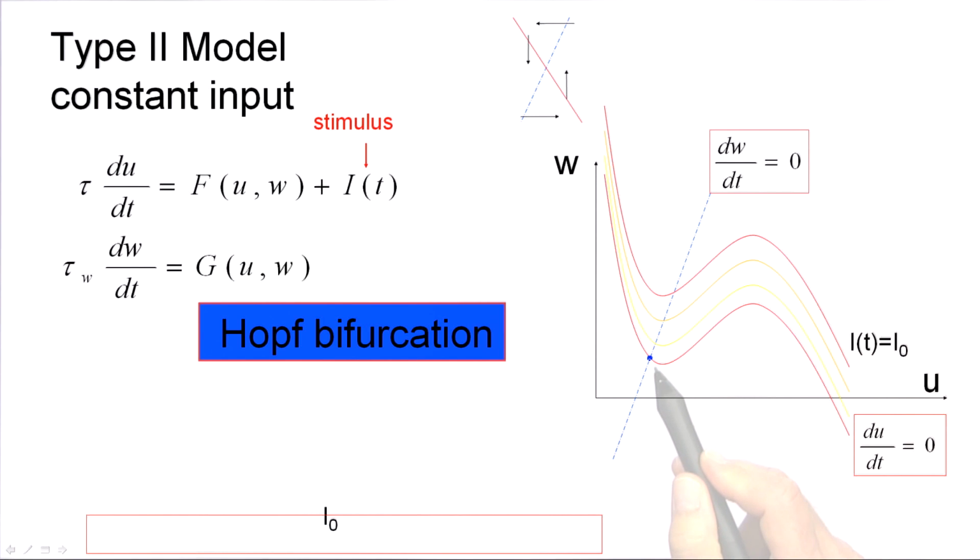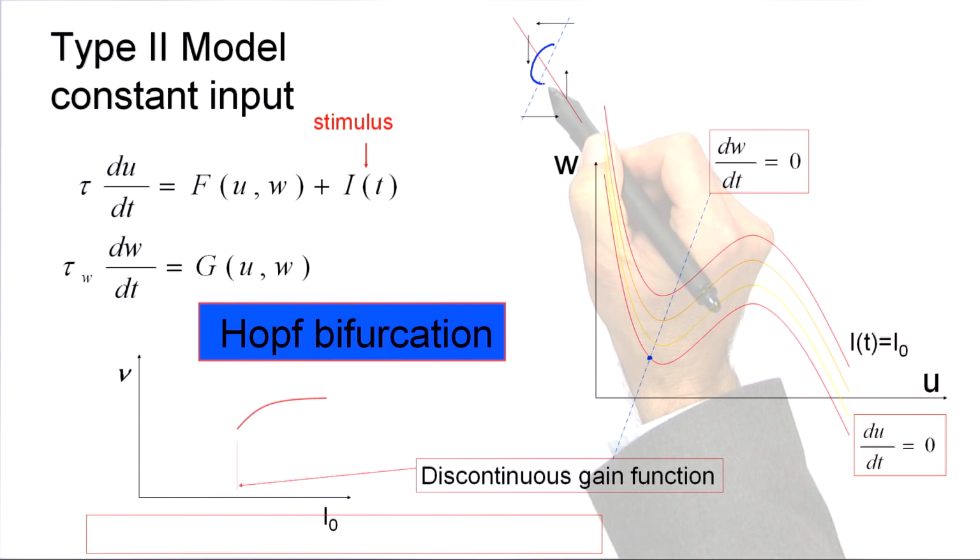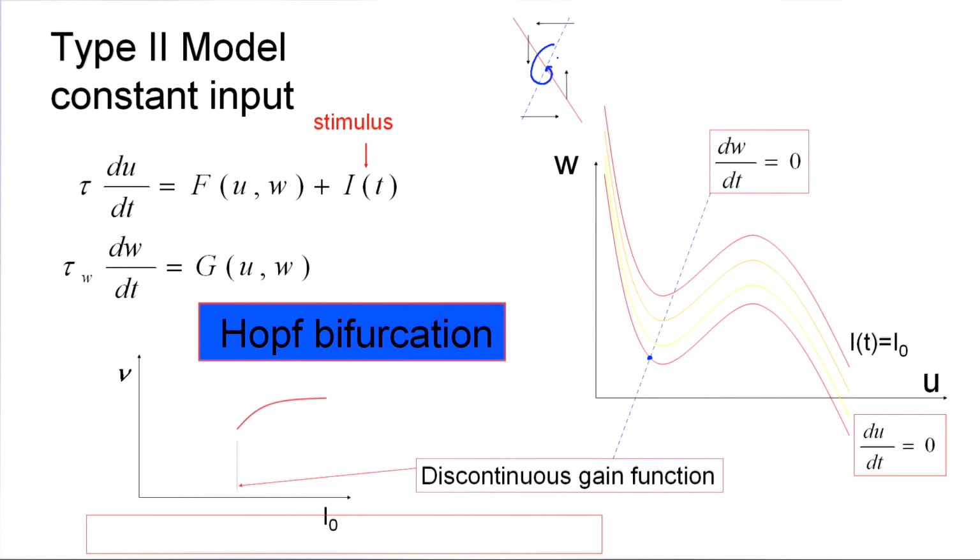then we have a situation that corresponds to a stable fixed point with an inward circling trajectory. If we have a larger input, then we have an unstable fixed point with an outward circling trajectory. At some point there's the transition, and this transition corresponds mathematically to a Hopf bifurcation.